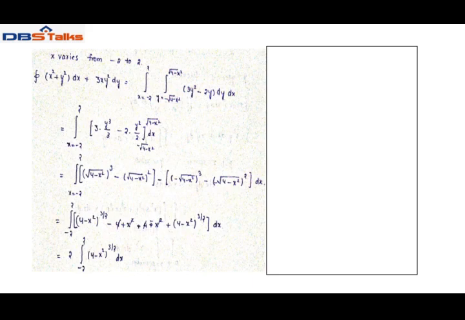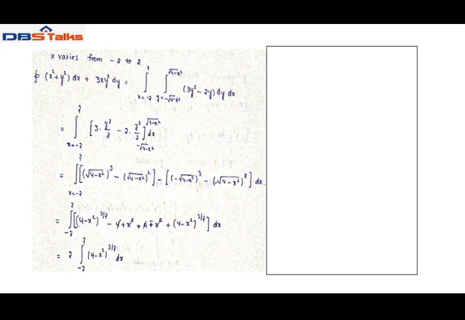Substitute upper limit √(4 − x²) and lower limit −√(4 − x²). That equals the integral x from −2 to 2 of (√(4 − x²))³ minus (√(4 − x²))², this is the upper limit, minus the lower limit, (−√(4 − x²))³ minus (√(4 − x²))², dx, that equals −2 to 2 with the limits.